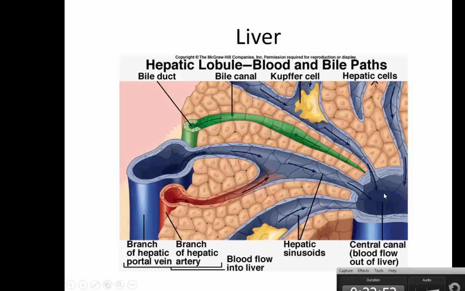So the central canal or central vein is what your lab, we're on objective 4 on page 45, B4, leads to the central vein. This is going to eventually lead out to the inferior vena cava. So this is blood that's been processed by the liver and it's ready to go back to the general supply.